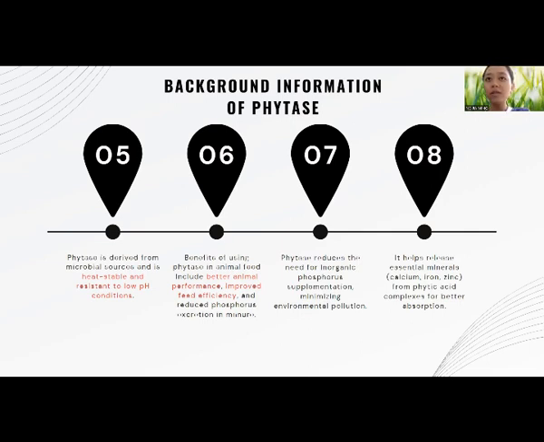Phytase can reduce the need for inorganic phosphorus supplementation and thus minimize environmental pollution. It can also help to release essential minerals such as calcium, iron, and zinc from phytic acid complexes for better absorption.